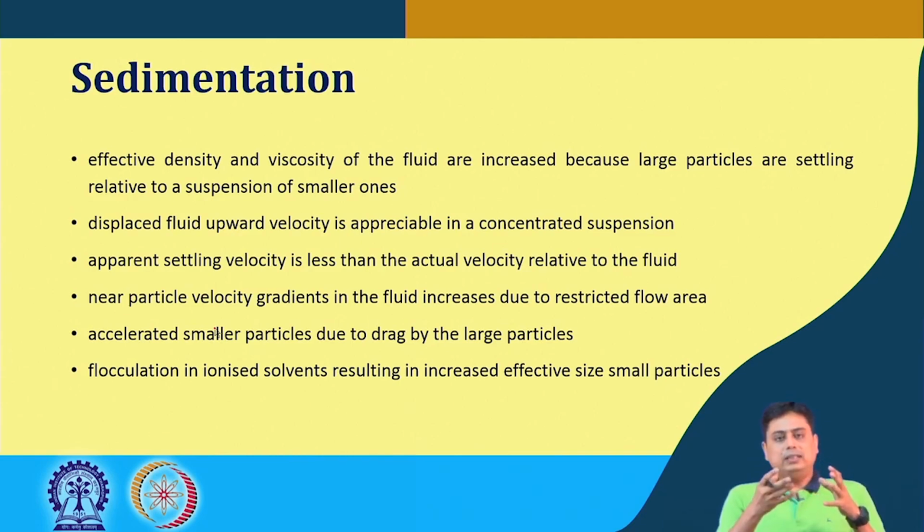Now, the other thing that happens is that the fluid displaced by these downward moving particles, that is moving upward, its movement becomes considerable in the concentrated suspension, and that leads to the apparent settling velocity being lesser than the actual velocity relative to the fluid.